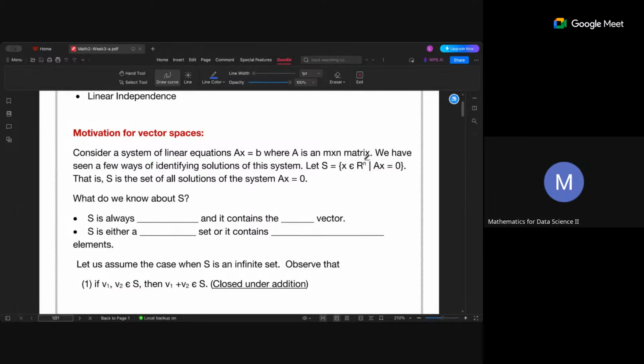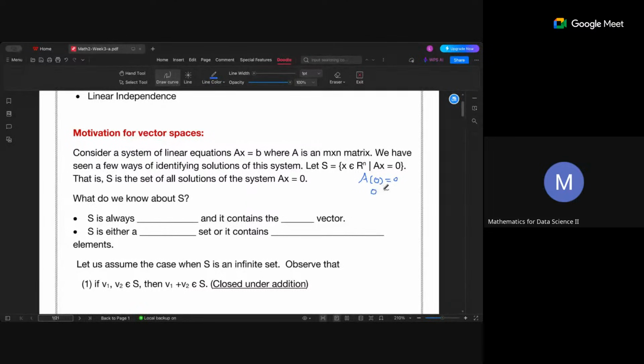What do you already know about this set S? Is this always non-empty? What is the information you know about it? It may have a trivial solution or a non-trivial infinite solution. Yeah, so always it will have a trivial solution. So 0 is always in this set because A times 0 is 0.